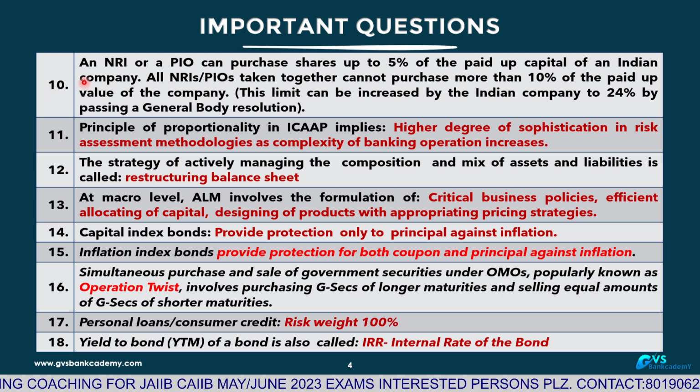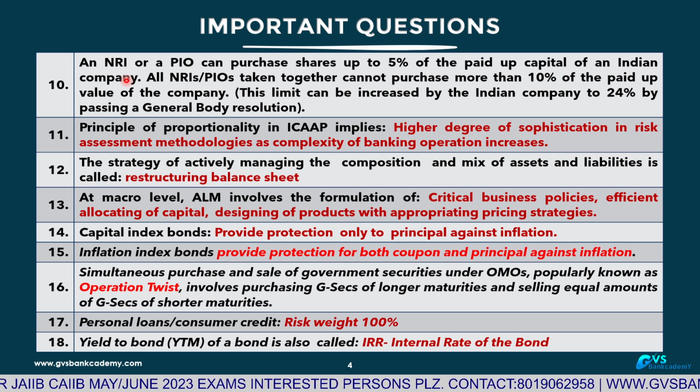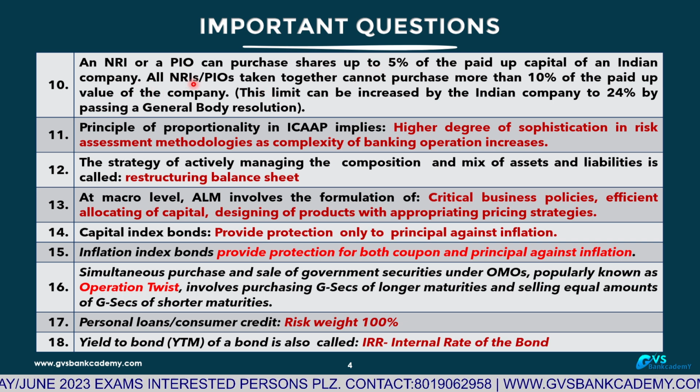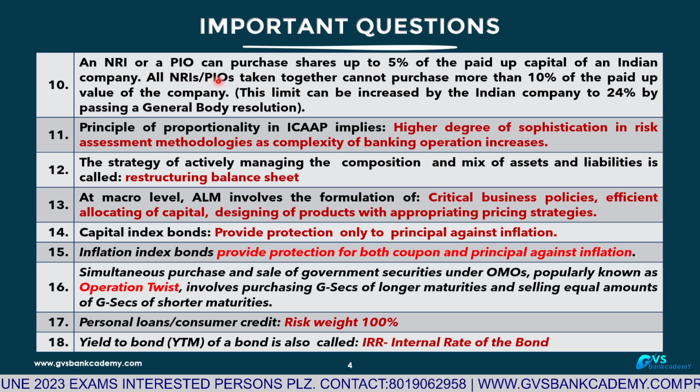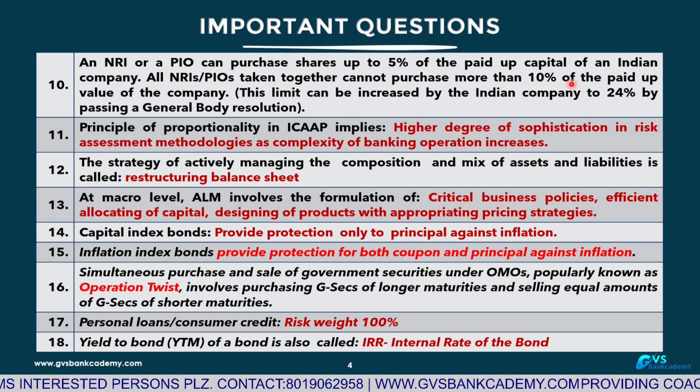Question number 10. An NRI or person of Indian origin can purchase shares up to 5% of paid-up capital of the Indian company. All NRIs together, all persons of Indian origin together, or all NRIs and persons of Indian origin together, can purchase up to 10%.